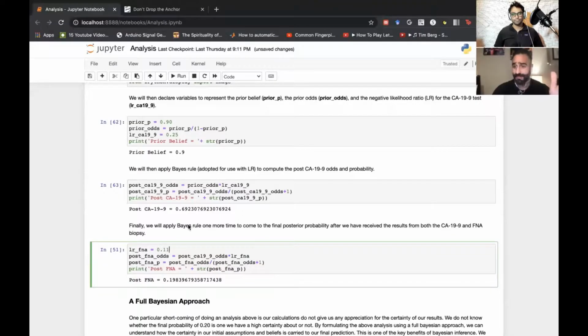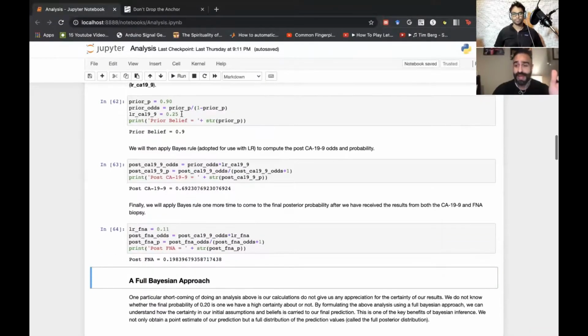It's by no means a perfect test. So if we apply Bayes theorem again, we come to a probability of 0.19. So given the high prior belief, given the symptomology and the presentation, with these two tests, the post-test probability was still 0.2. It's 1 in 5, right? It's not off the table.